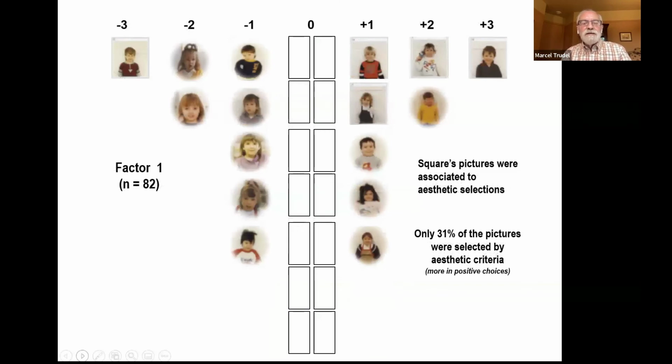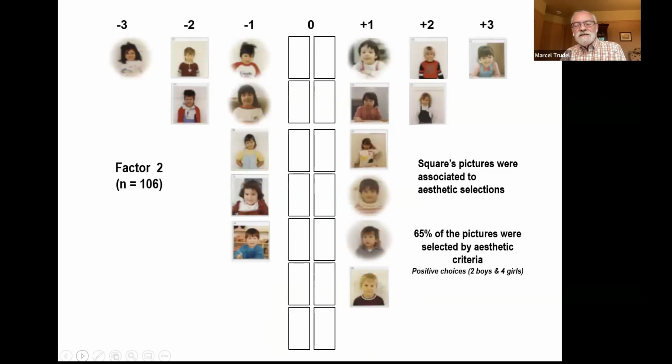After that, I will not go into detail, but on factor 1, in the majority, only 31% of the pictures were selected by aesthetic criteria. On the next factor, 65% was the physical attractiveness of the children, which had an influence on their Q-sort.